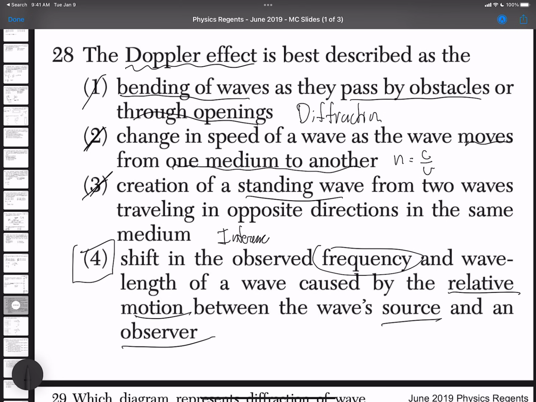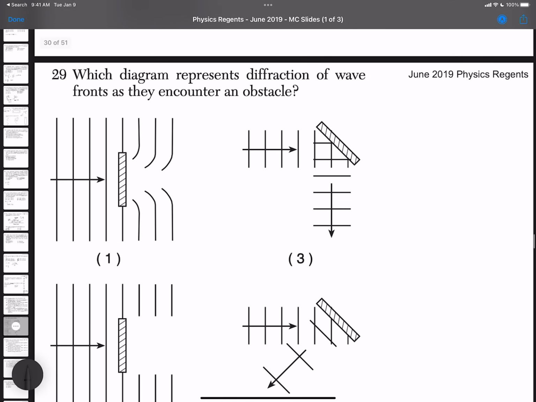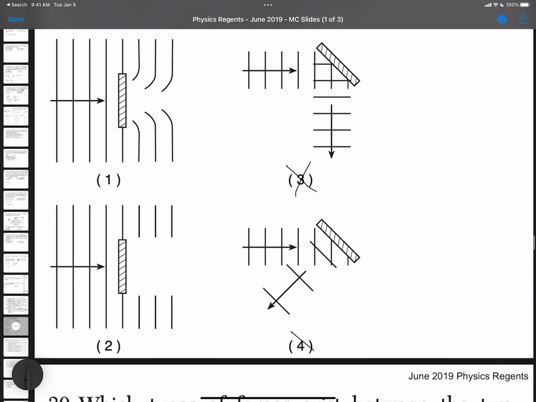All right, next, we've got question 29. Which diagram represents diffraction of a wave front as they encounter an obstacle? So again, when we're talking about diffraction, we are not talking about bouncing off of things. So we can eliminate answer choice 3, and we can eliminate answer choice 4.